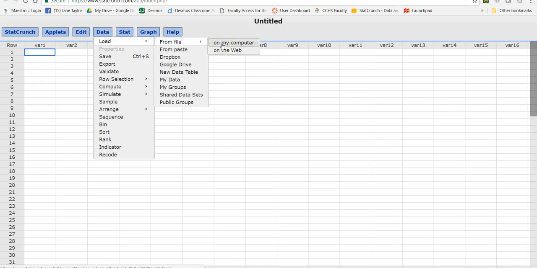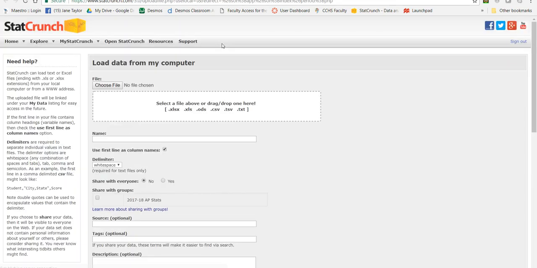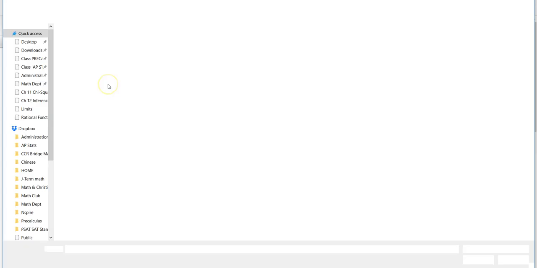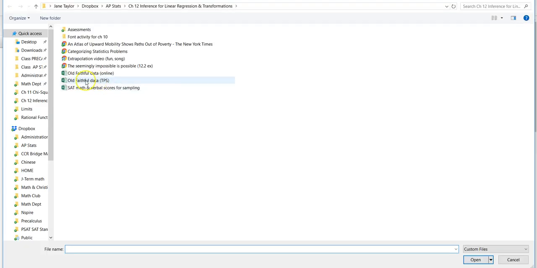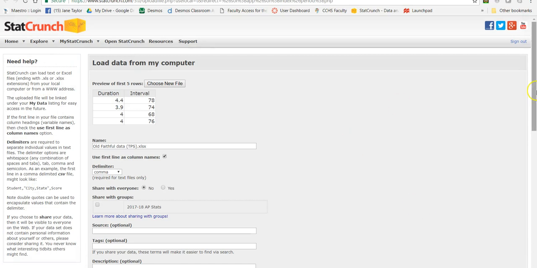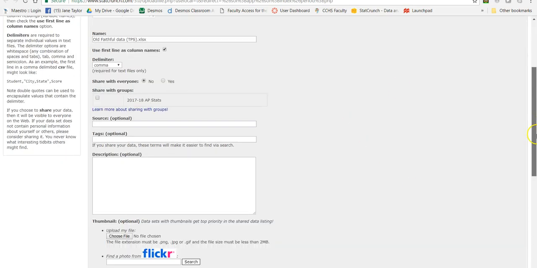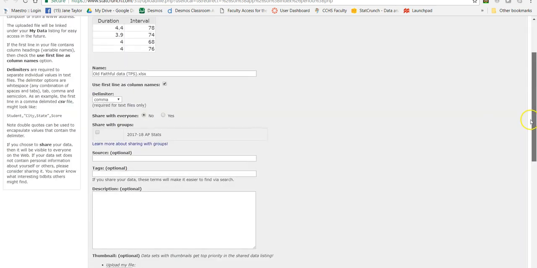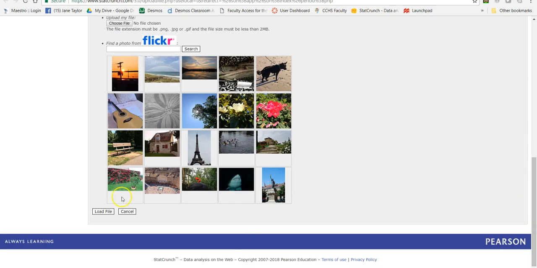Now you should previously have downloaded the Excel file that contains all this data from Canvas onto your computer. So I'm going to go to the file, called Old Faithful Data here. Whatever it's called, it'll be the one that you get from Canvas. And then you just scroll all the way down and push Load File.